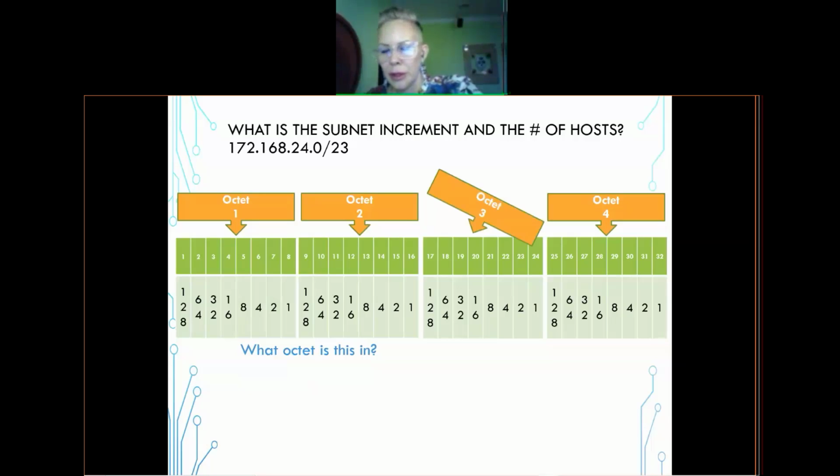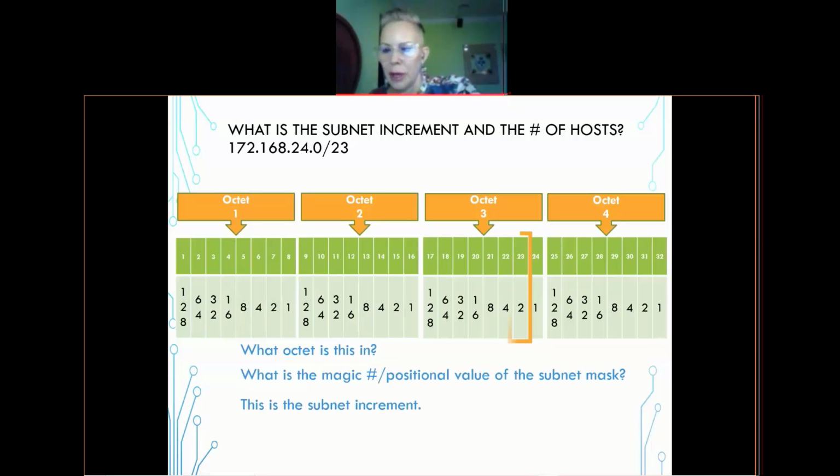Okay, so we're in octet 3. How about the positional value? What is the positional value of a /23? Okay. What would my next network address be?